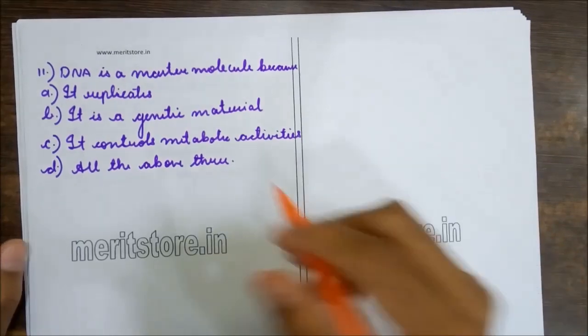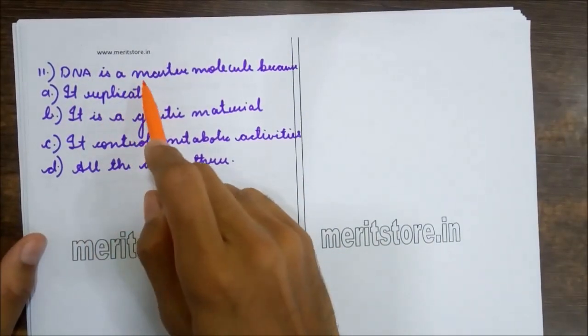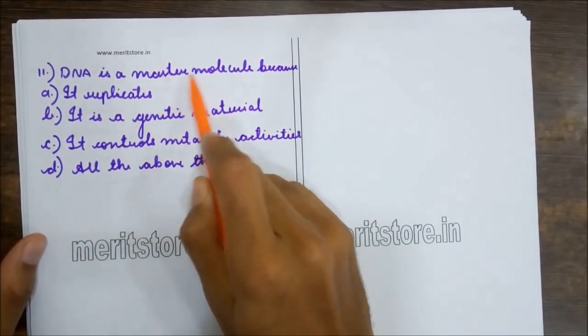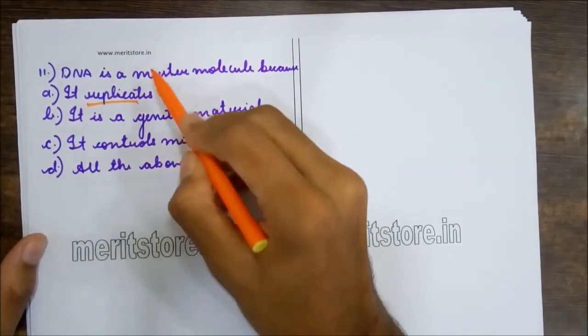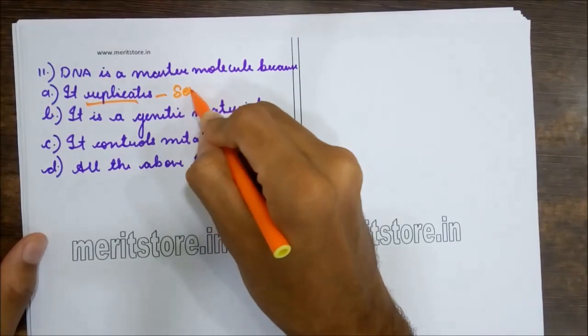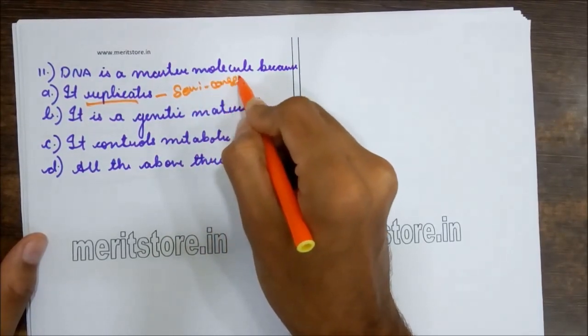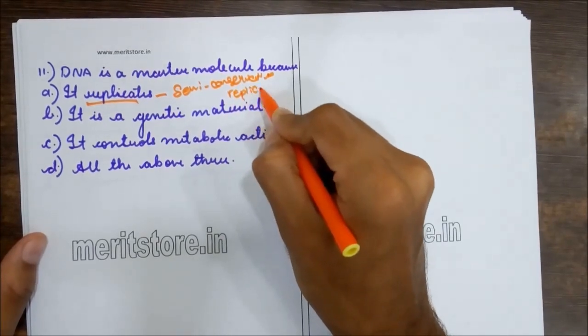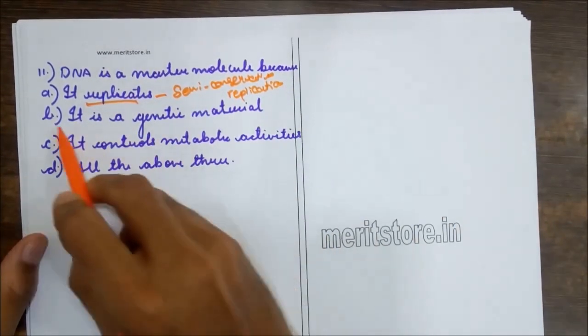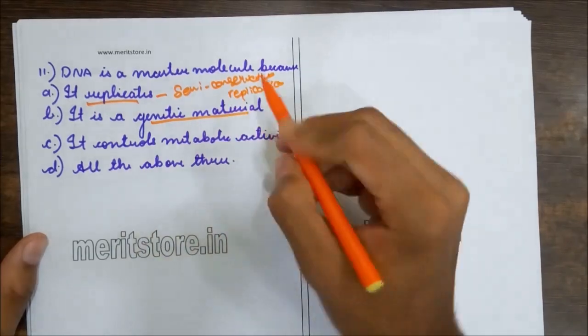Question number 11 states that DNA is a mature molecule because option A, it replicates. Yes, it has a property of semi-conservative replication. Option B, it is a genetic material. True.